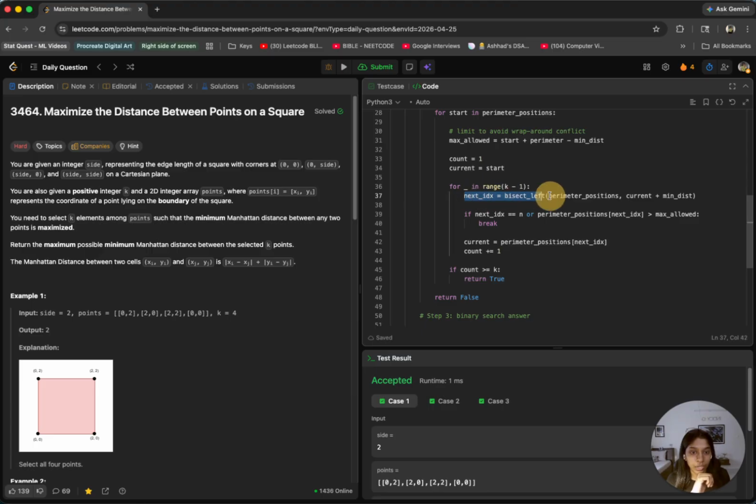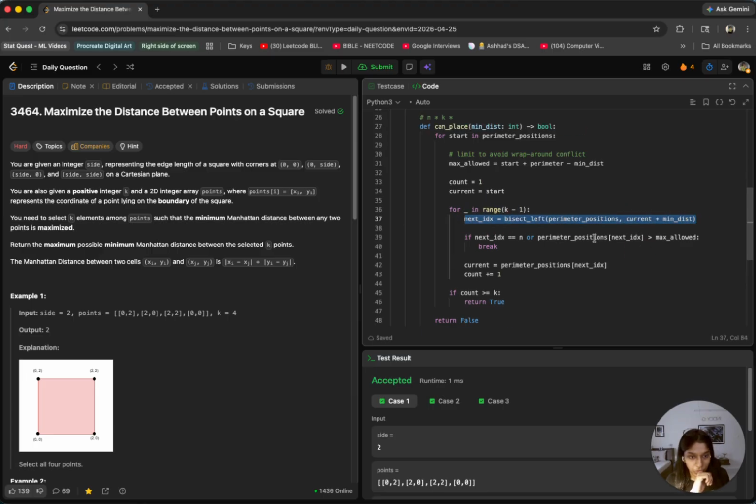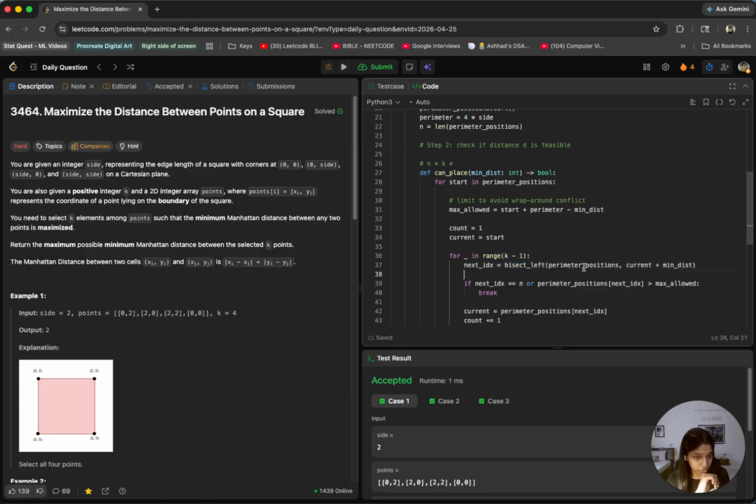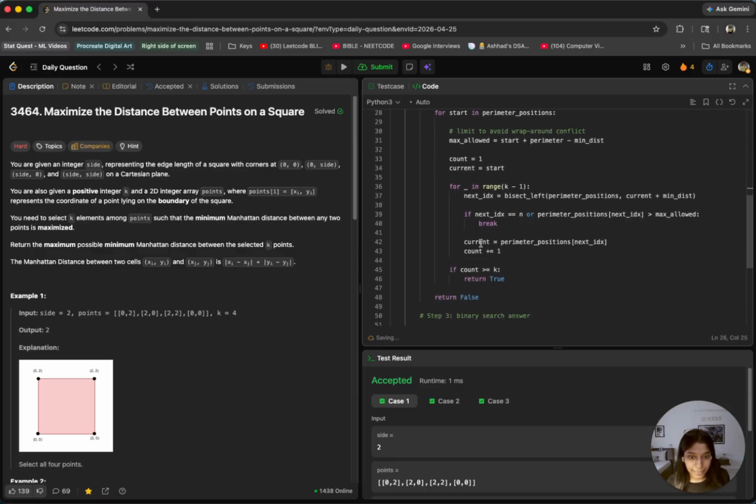The bisect left is basically trying to find the lower bound amidst perimeter positions. And now I know perimeter positions has n values in it. So it's k times log of n. And yeah, that's basically what I'm doing here.